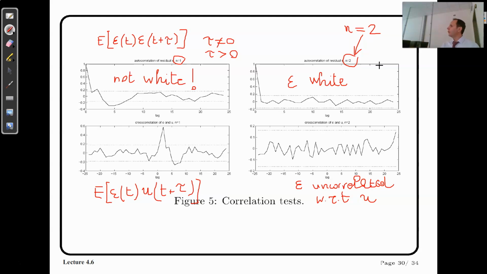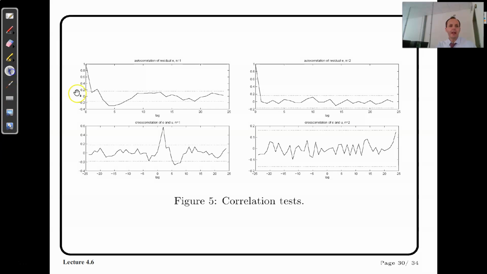So 2, 4, if you remember, the order suggested by the penalty functions, and let's say the lower order that gives you a white and uncorrelated residual means that perhaps this is the right order. It's quite complicated. You need to check different properties, but we will try a complete test, a complete experiment.